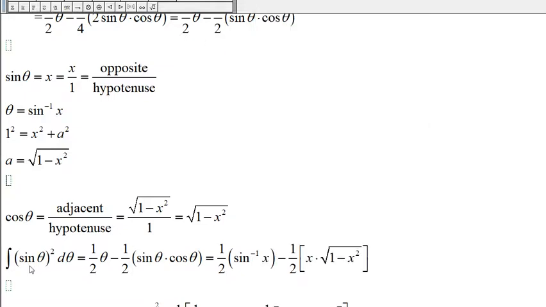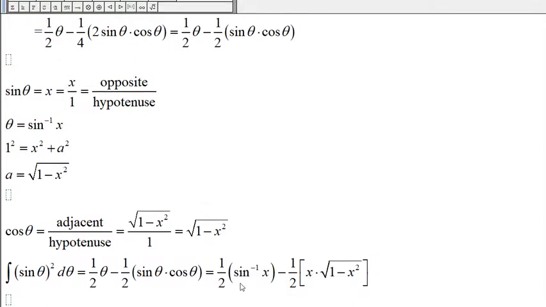And so the integral of sine squared will be 1/2 theta, but theta is sine inverse of x, minus 1/2 sine of theta, which is x, times cosine of theta, which is the square root of 1 minus x squared.